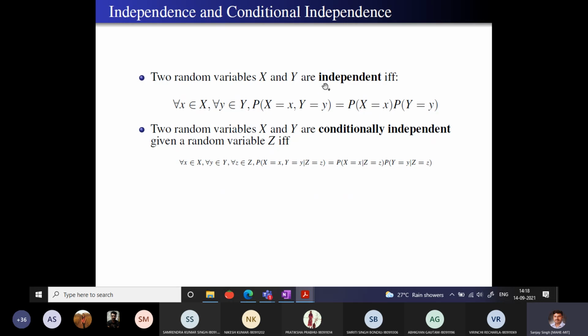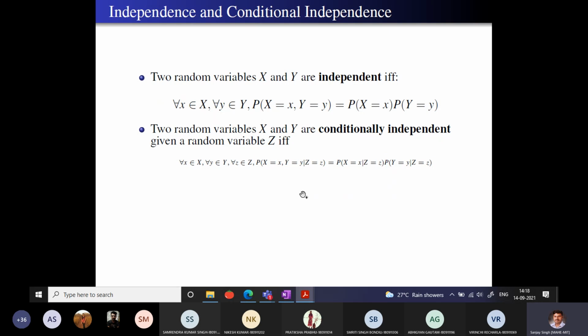Two random variables x and y are independent if and only if the joint probability of x and y can be written as the product of P(x) and P(y). And they are conditionally independent given a random variable z if P(x, y given z) can be written as P(x given z) times P(y given z).